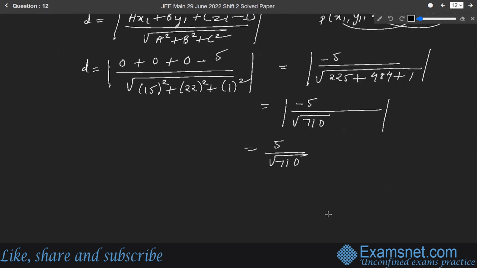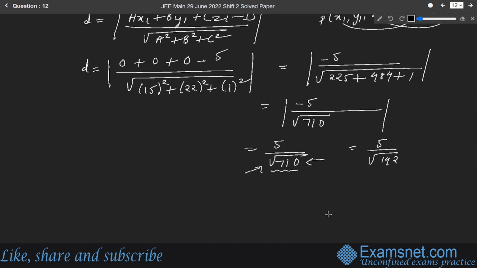Now let us do one thing. Let us take something out from this under root of 710. If we take 25 out from under root of 710, then since it is under root, under root of 25 will be equal to 5. So 5 will come out and what will remain? 5 upon under root of 142. If we are taking 25 out from here, then 5 will come out and the remaining term from under root of 710 will be under root of 142.